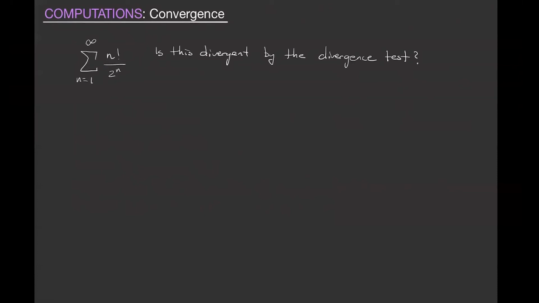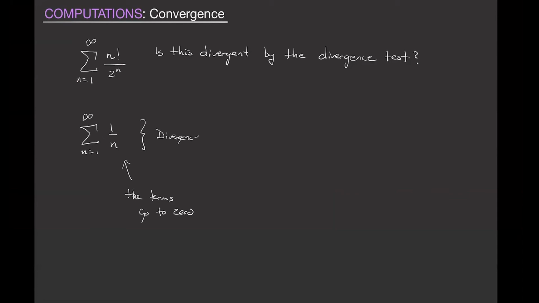If they do go to 0, it doesn't guarantee it is convergent, because the harmonic series is a counterexample. If you take the series like we had before, 1 over n, the terms go to 0, but it's a divergent series.